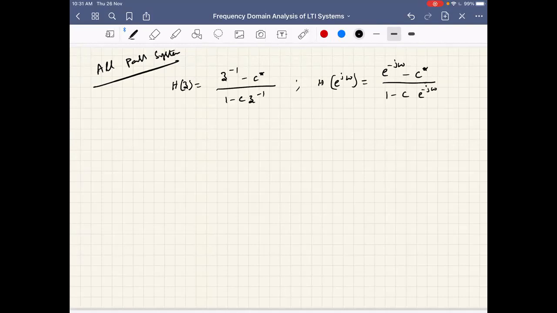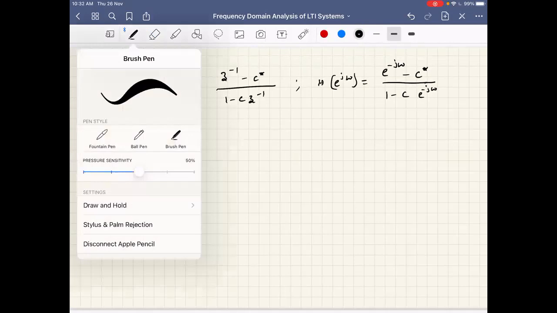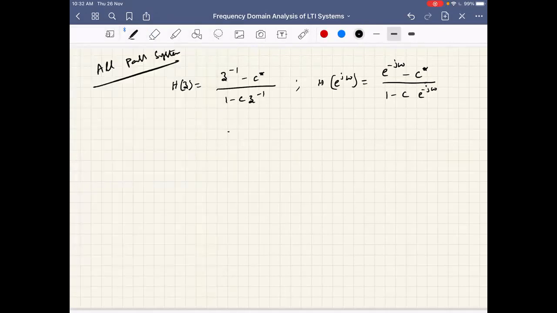First, before we discuss the magnitude response, how do we find the magnitude response of a given system? Usually the magnitude response is defined as the magnitude of H of e power j omega whole square. This is the magnitude response of a system.